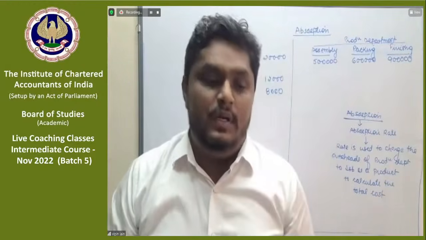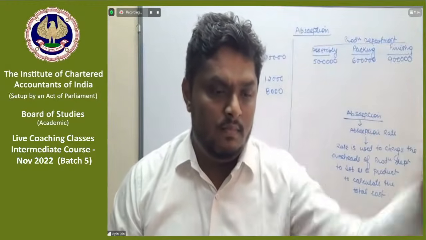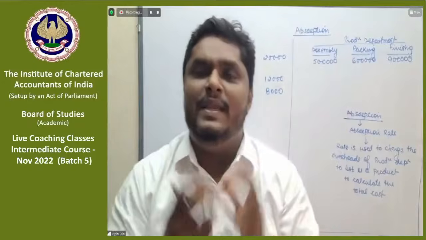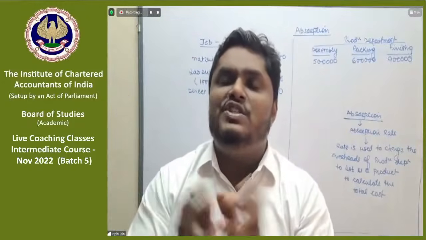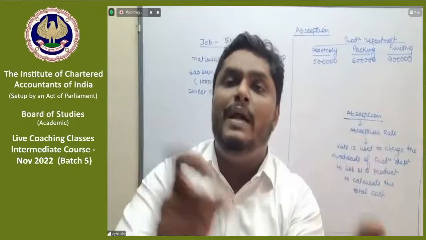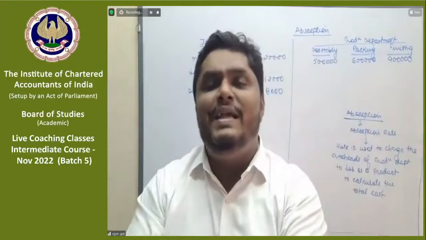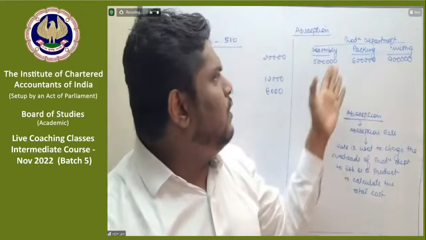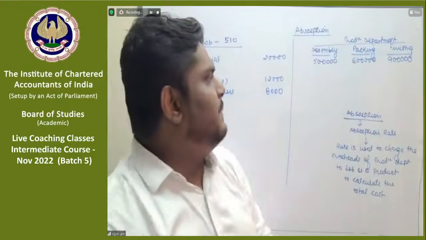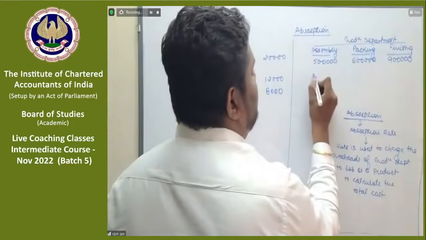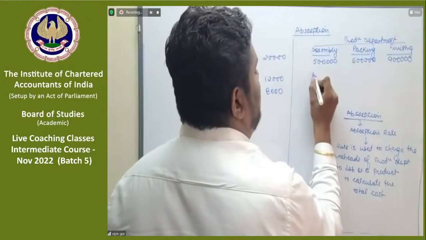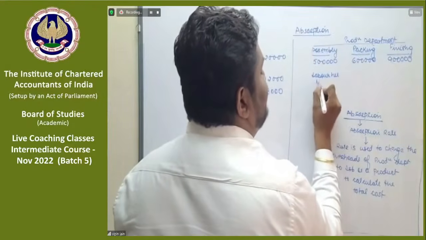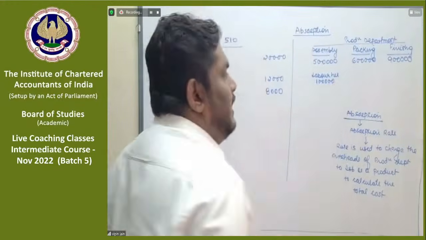Now, what is absorption rate? Let's say I have 3 production departments, assembly among them. The question has clearly mentioned that the overheads of the assembly department are more or less related to labor hours, as it is a labor intensive job. So let's say the total labor hours worked in the assembly department is 1 lakh hours.